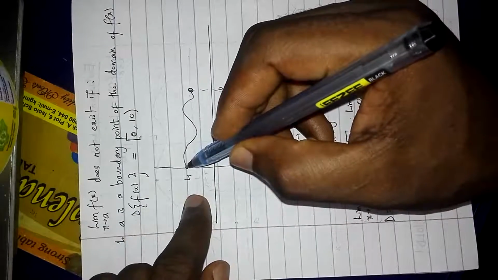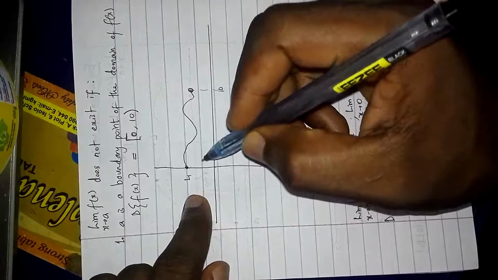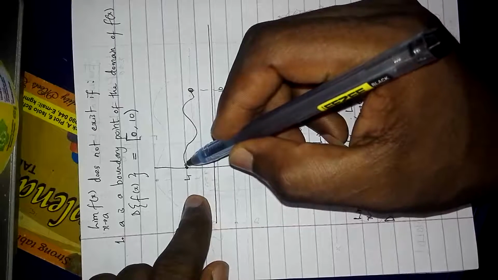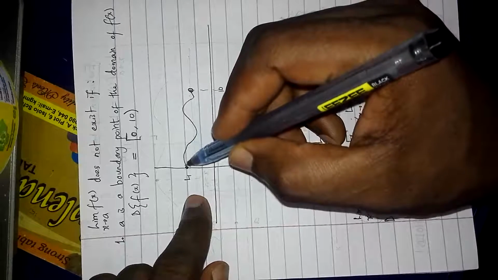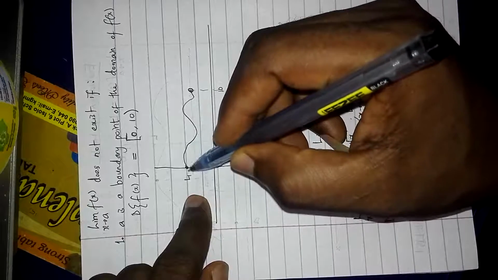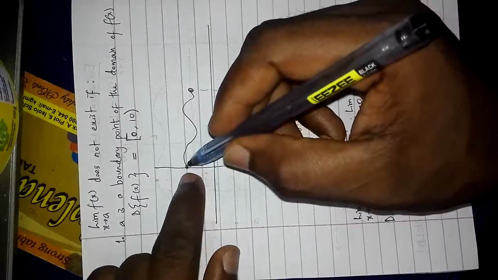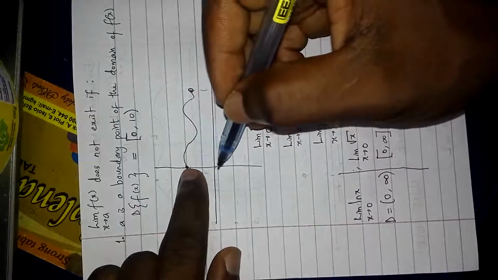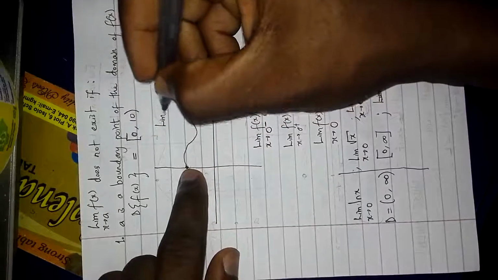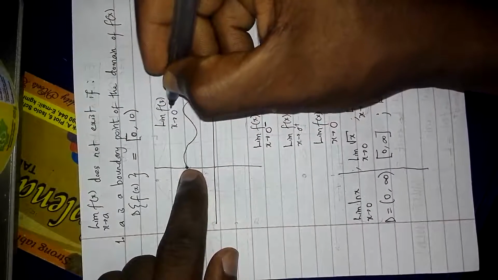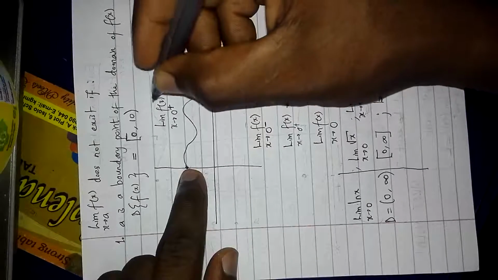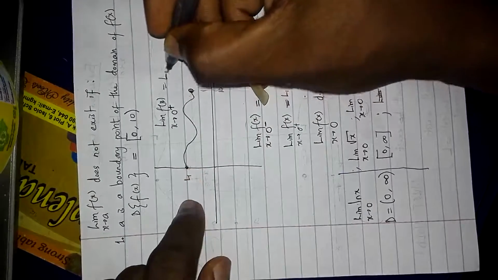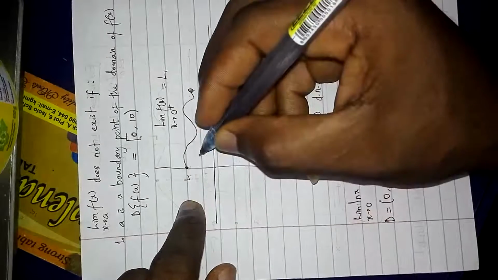If you look around x equal to 0, the height that this function intends to reach is height L1. But it only intends to reach that height if you approach this value from the right. That means the only thing that exists here is the limit of f of x as x approaches 0 from above. This one exists and is equal to L1. In this case, there is no limit as it approaches from the left.